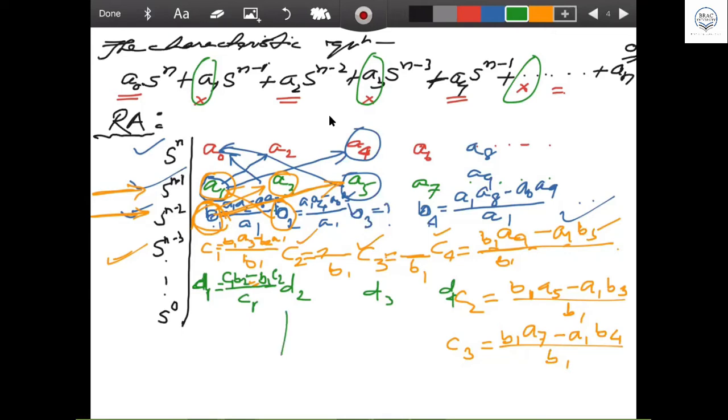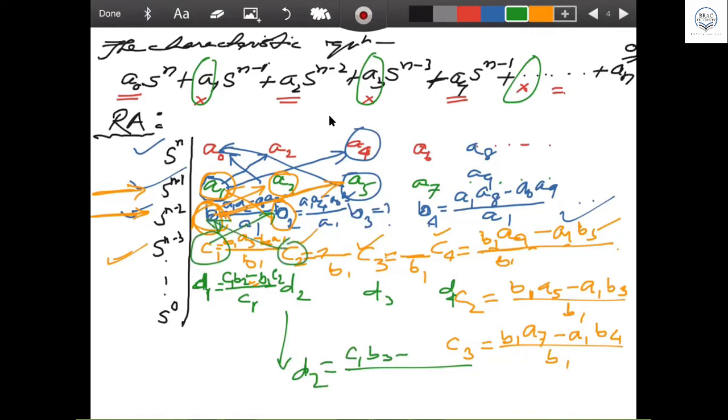Now D2, if I ask you, what will be the answer for D2? Sir, C1 B3 minus B1 C3. This C1, first one was this and this.